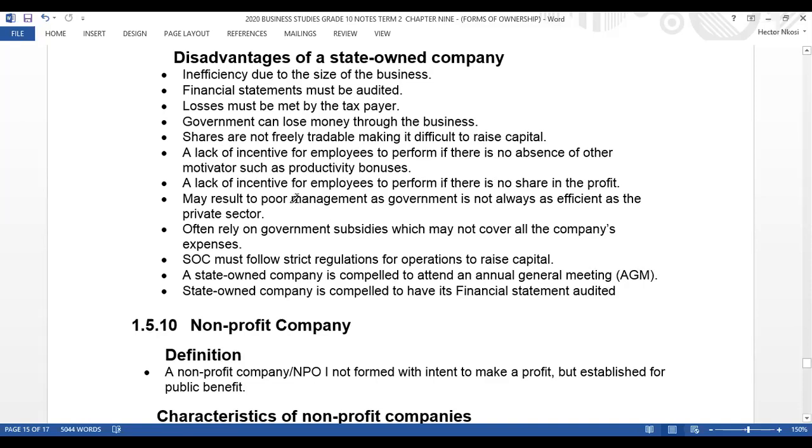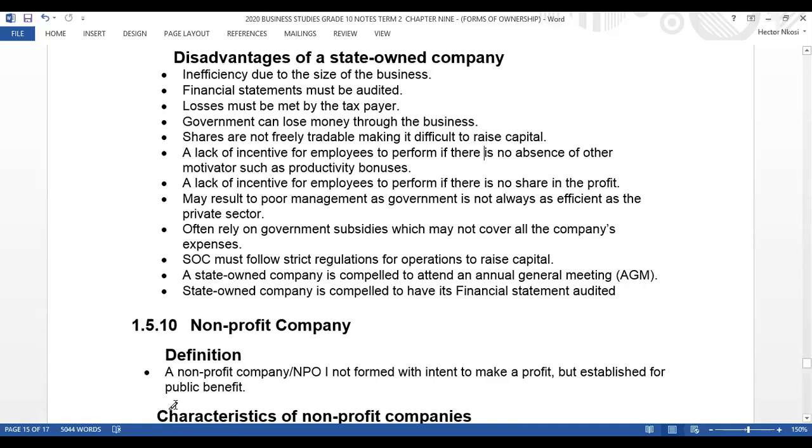Also, it may result in poor management as the government is not always as efficient as the private sector. Also, a state-owned company often relies on government subsidies, which may not cover all the company's expenses. Right, your state-owned company must follow restrictions and regulations for operation and to raise capital.